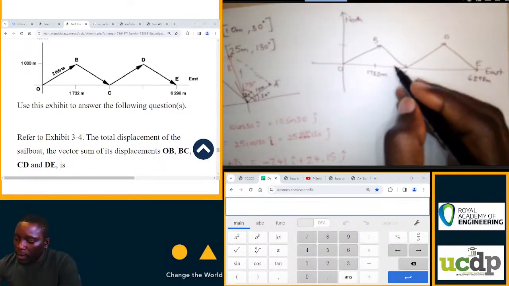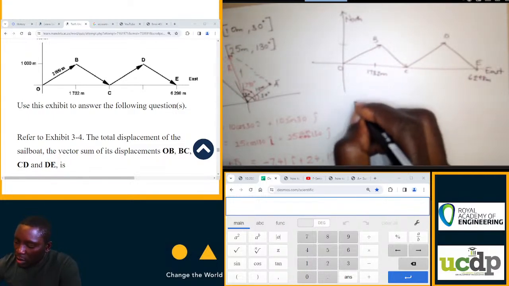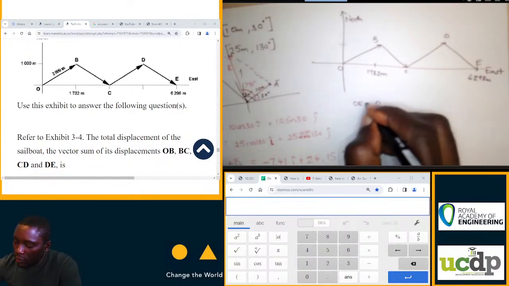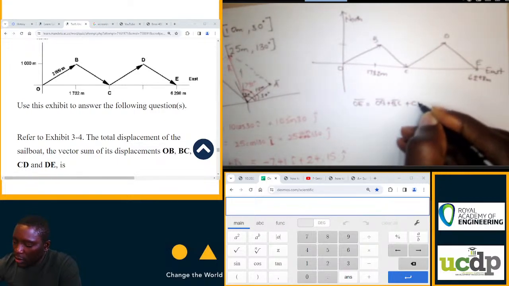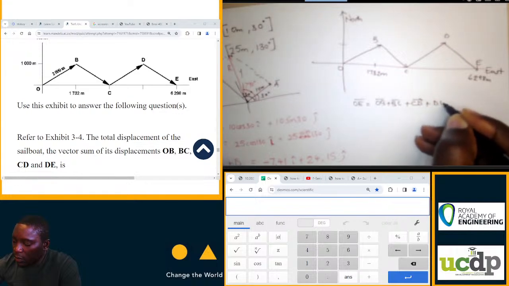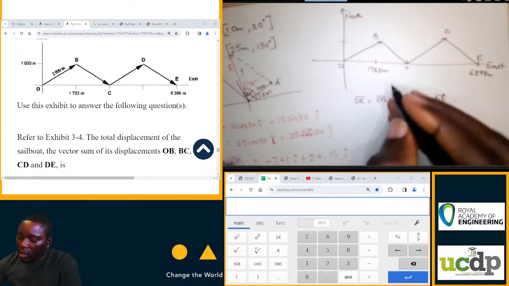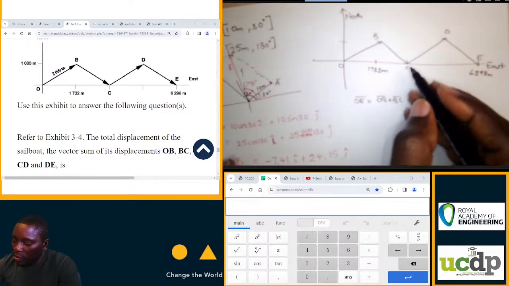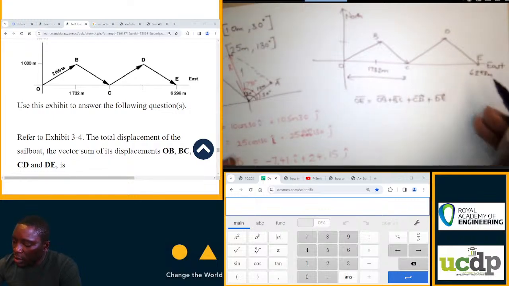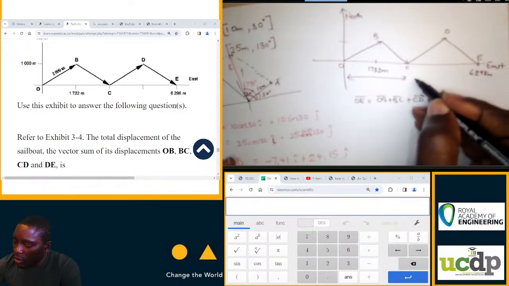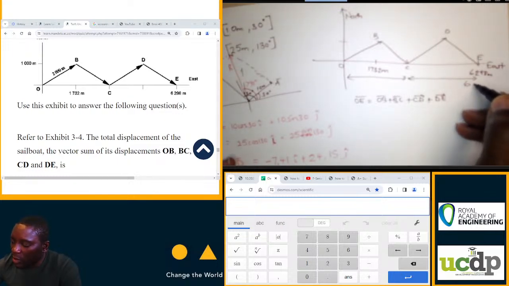So remember, O to B, B to C, or in other words, OE equals the vector sum of OB plus BC plus CD plus DE. But the vector sum for the displacement in this case, OB to BC, is simply that same distance. Then CD to DE will also be that distance, and the sum of those distances, the displacement, is simply 6298.